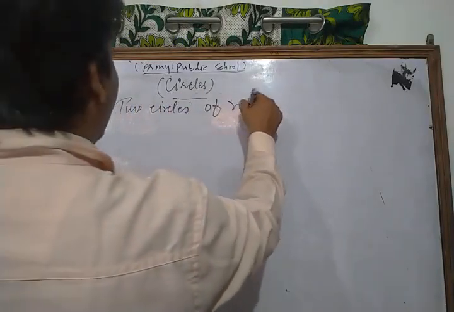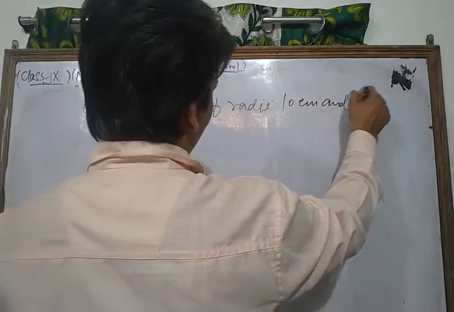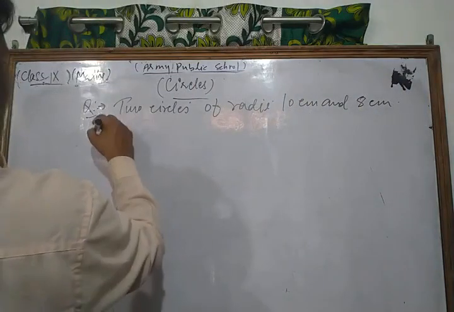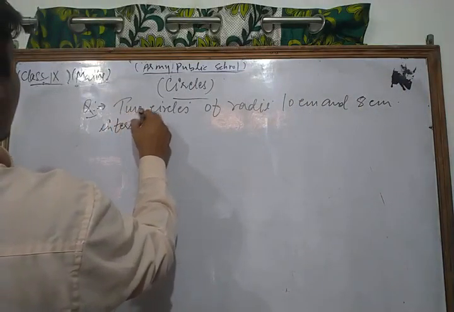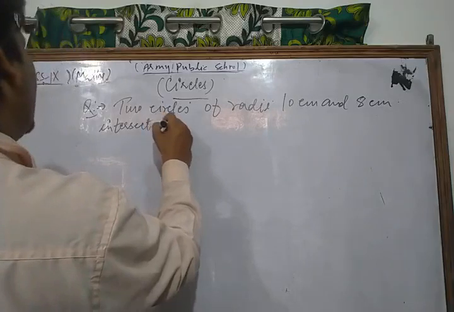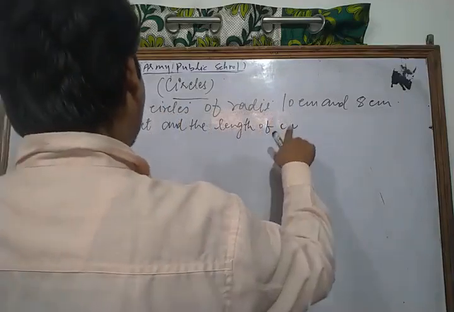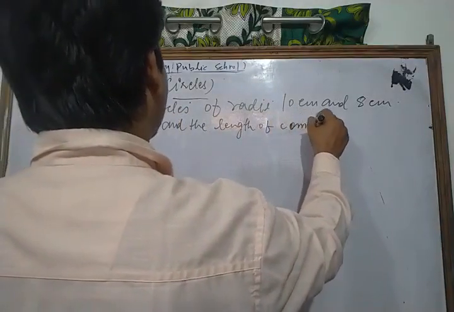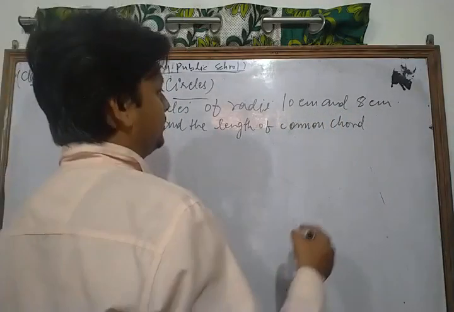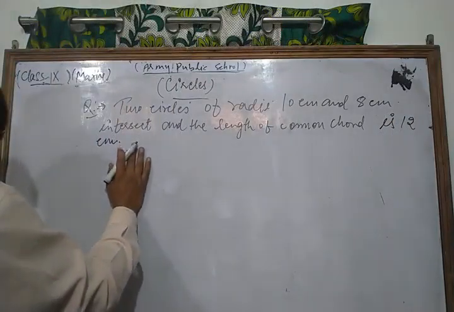Two circles of radii 10 centimeter and 8 centimeter intersect, and the length of the common chord is 12 centimeter.